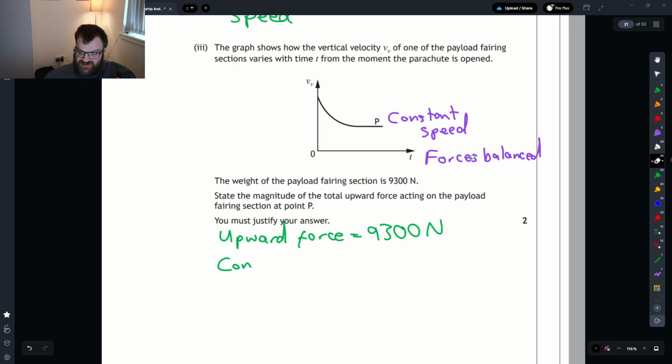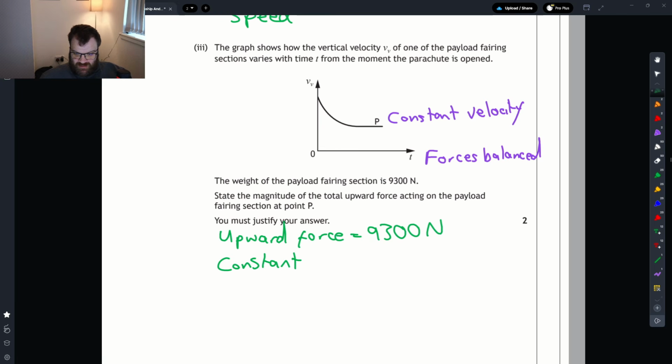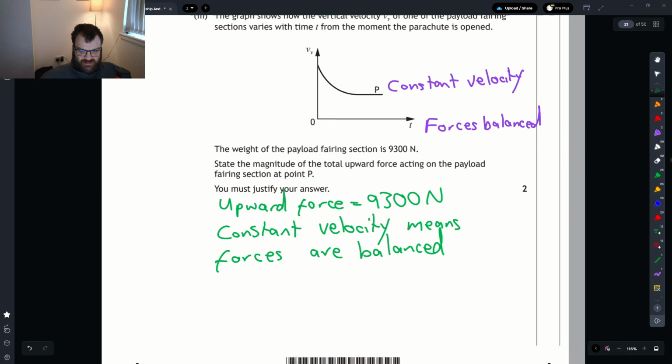Okay, I said speed, I just read it. It says velocity instead. Same, only change that one word. You have constant velocity means the forces are balanced. They have the same magnitude.